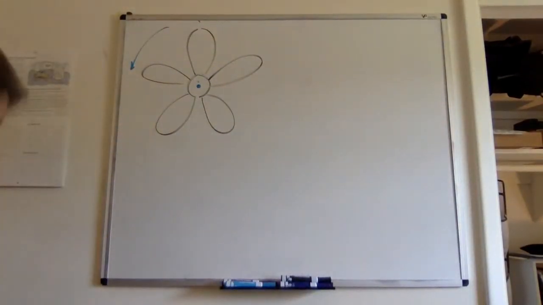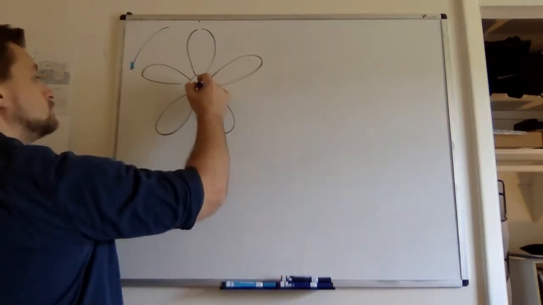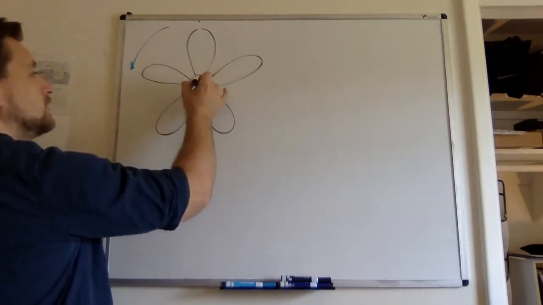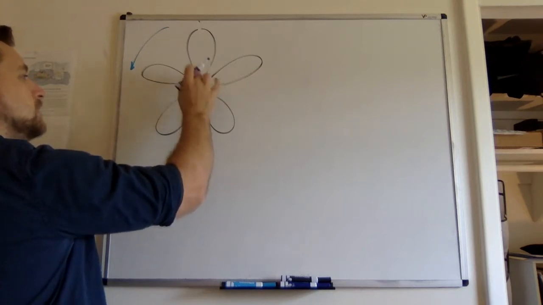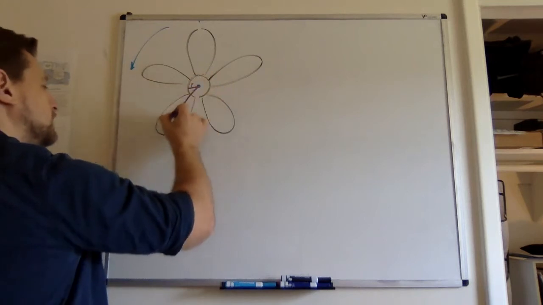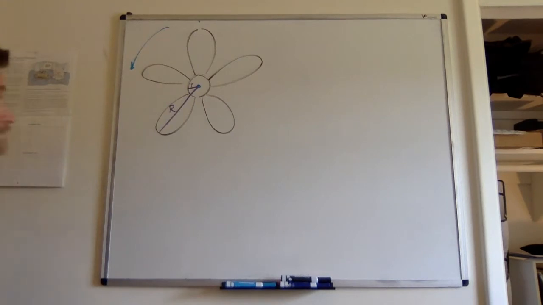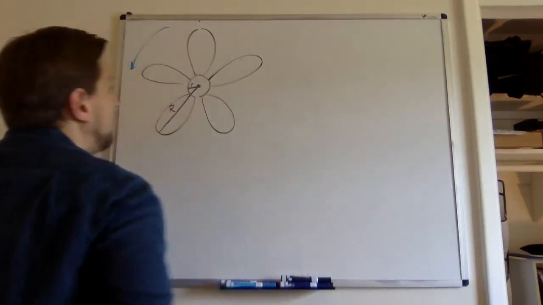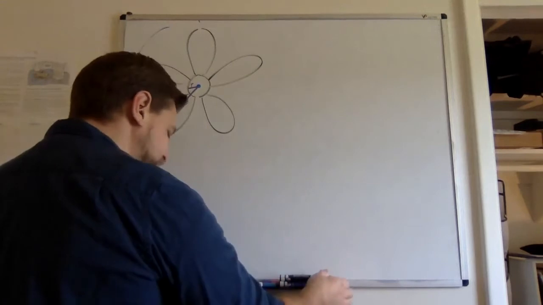Okay. Suppose that this inner hub has some small radius r, and that the fan blades have some larger radius, capital R. It takes some amount of time for the fan to rotate.